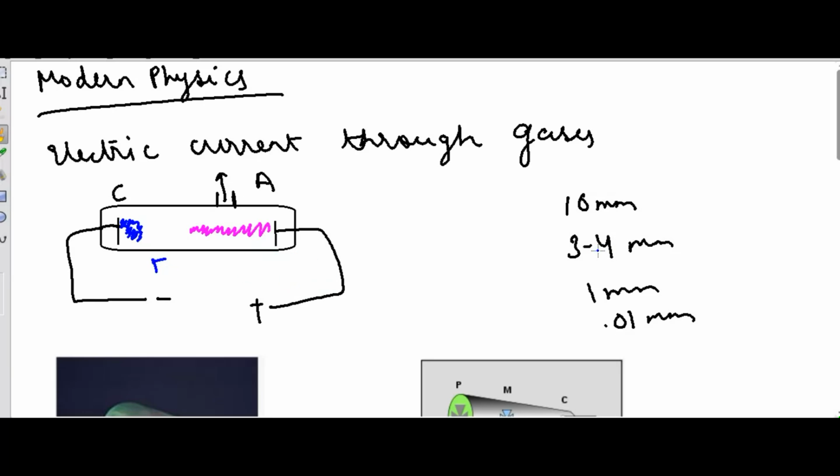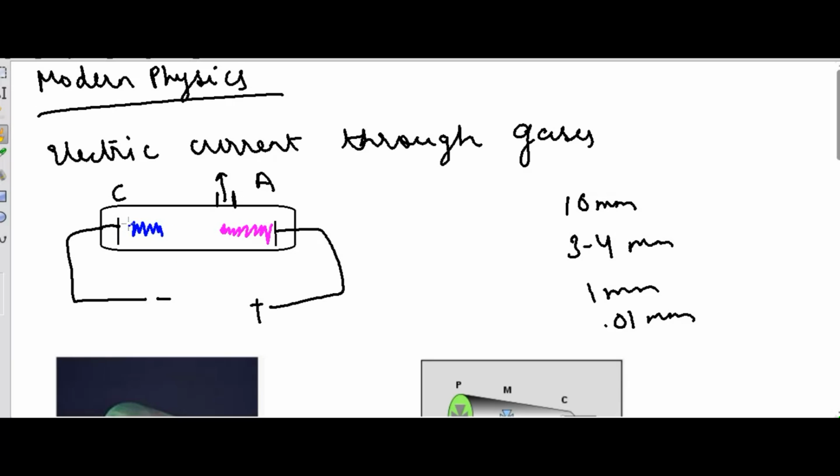Now when we further decrease the pressure from 3 to 4 mm to 1 mm, there is still a reddish glow, not going right up to the cathode. There is Faraday's dark space, and the bluish glow, which was earlier at 3 to 4 mm, shifts slightly towards the cathode.